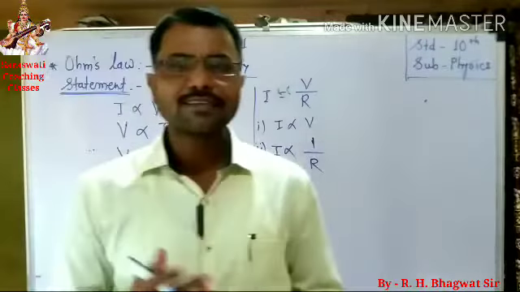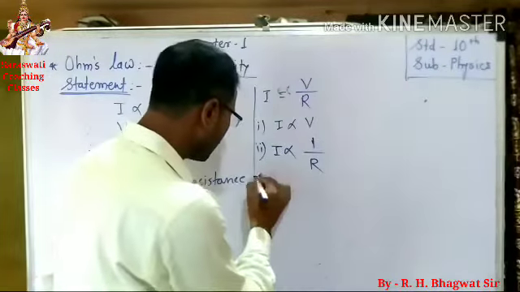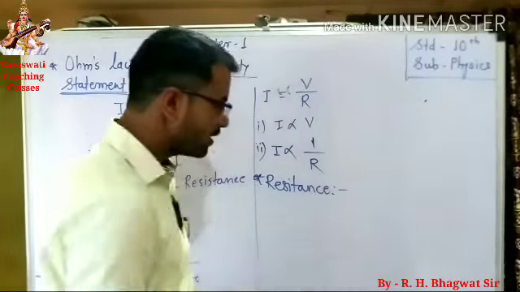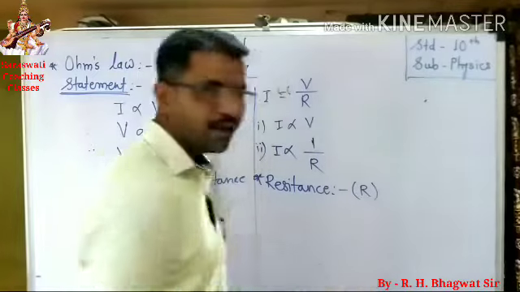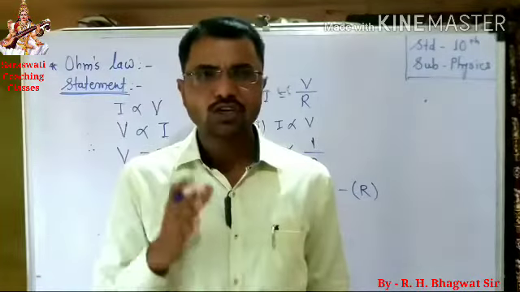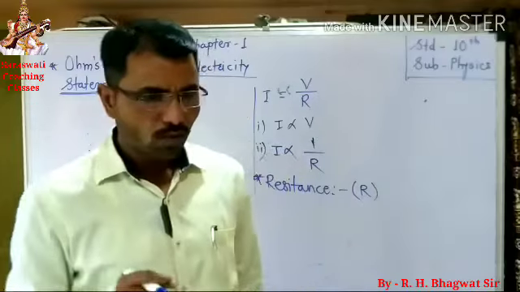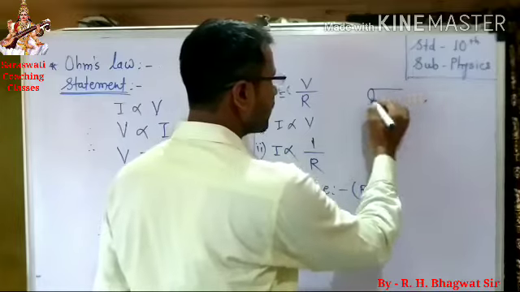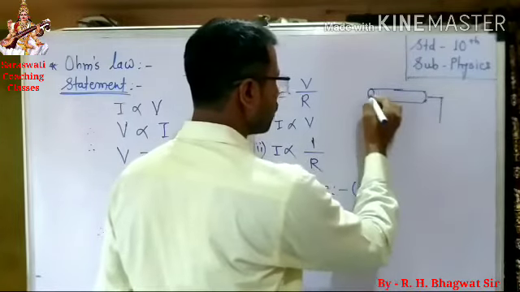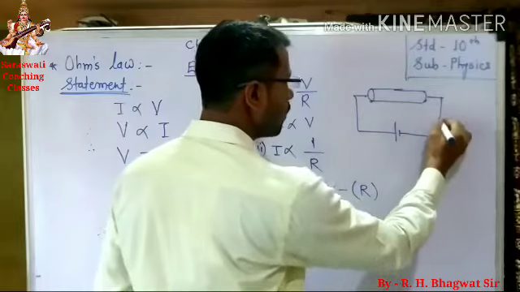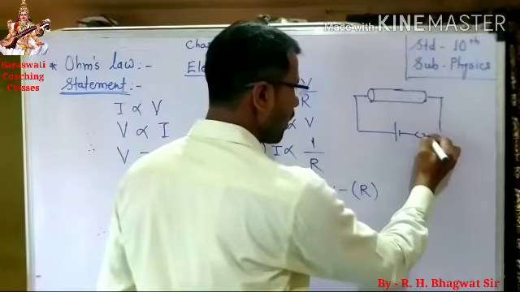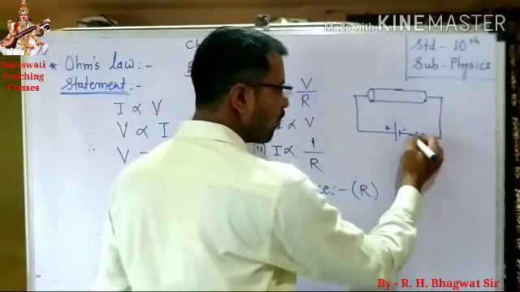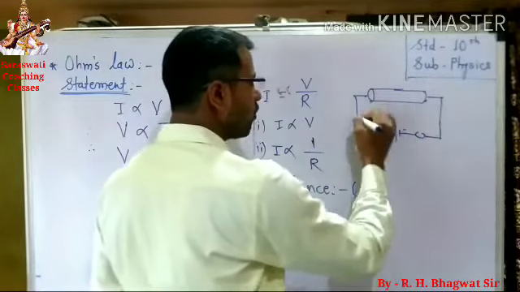Now, what is the resistance? Resistance capital R is nothing but the opposition to flow of electrons. When we connect a conductor across a battery, that is, when we apply a potential difference across this conductor, electrons flow from the negative terminal of the battery to the positive terminal of the battery.